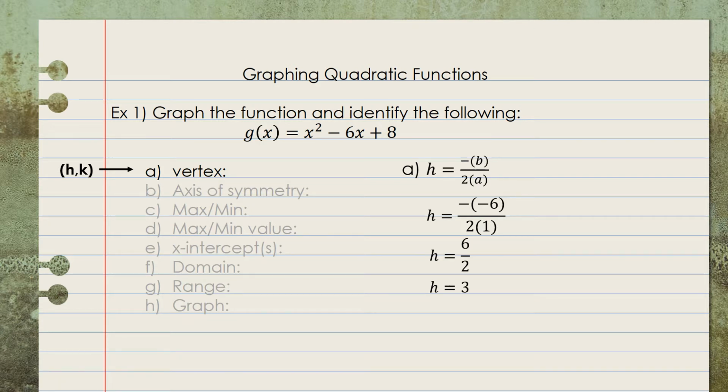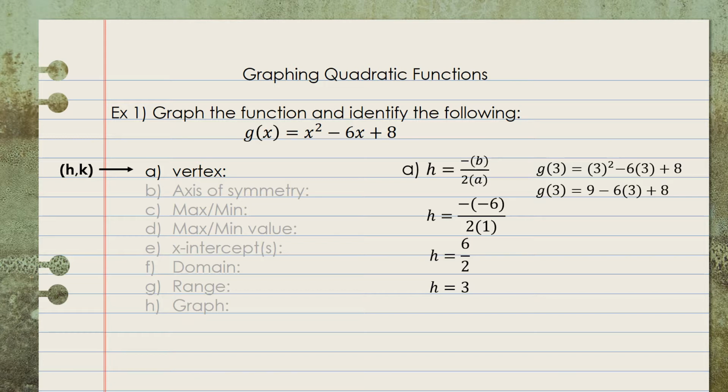Now that we have our h value, to find the corresponding k value, we need to plug a 3 into the function. From here, we follow GEMS, or order of operations. We have no grouping symbols, but we do have exponents. 3 squared gives us 9. Next, we have multiplication division.